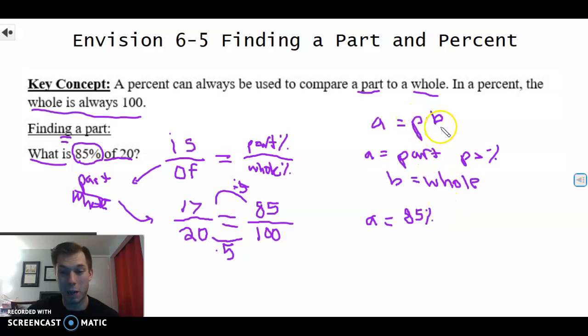So this is P times B. So you're going to take 85% and multiply it by the whole, or the of in this case, which is of 20. And recall that word of means multiplication. So you're taking 85% of 20, 85% times 20. So your equation, using A equals PB, you would have A equals 85% of 20.